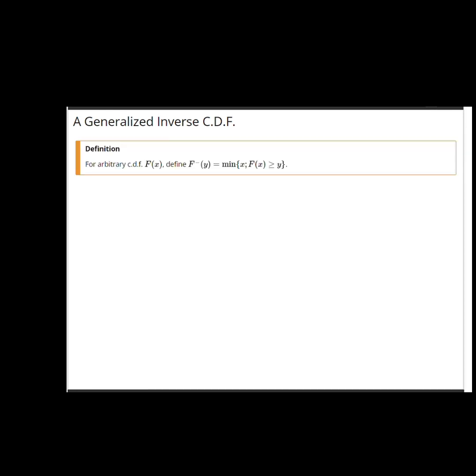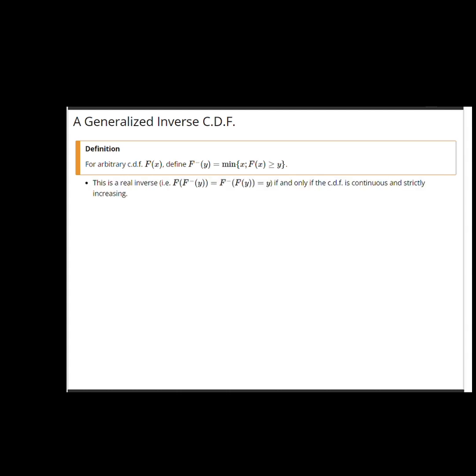And this requires the notion of some kind of generalized inverse function. I'll call it F^- of y. We define this generalized inverse function at the value y by looking at all the values of x for which F of x is greater than or equal to y, and picking the smallest of these, the minimum of all such x.